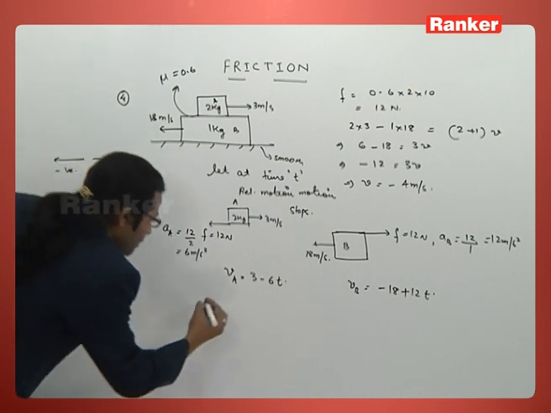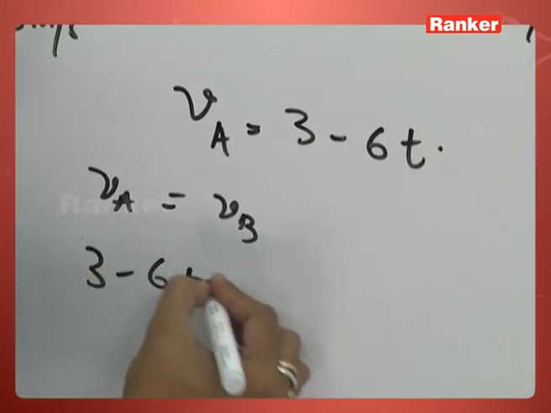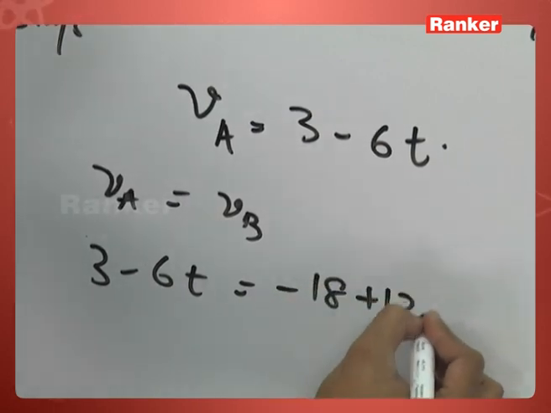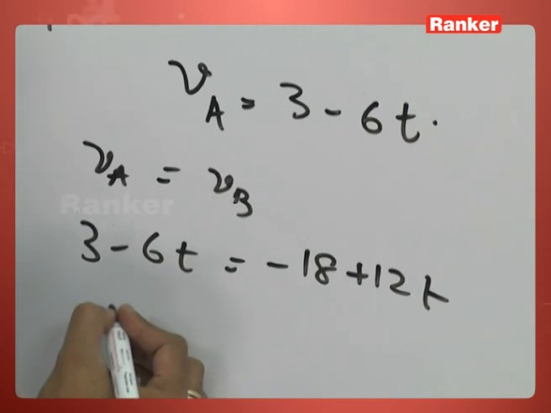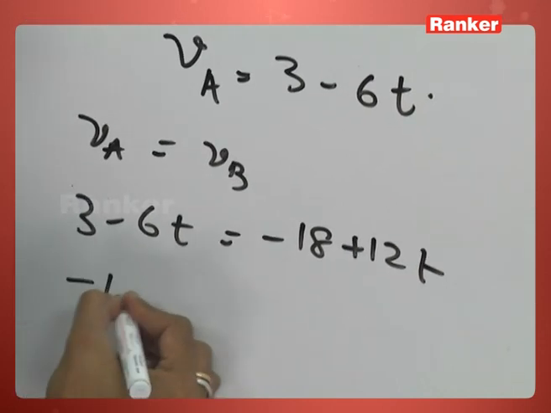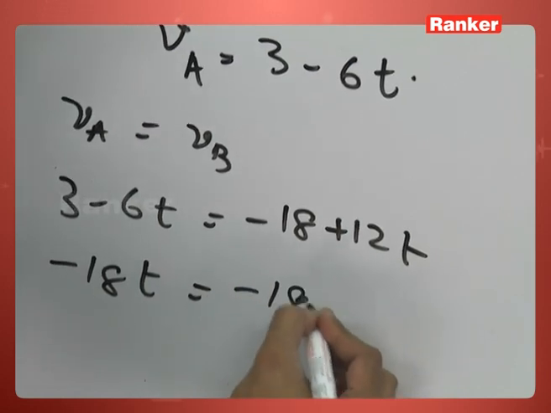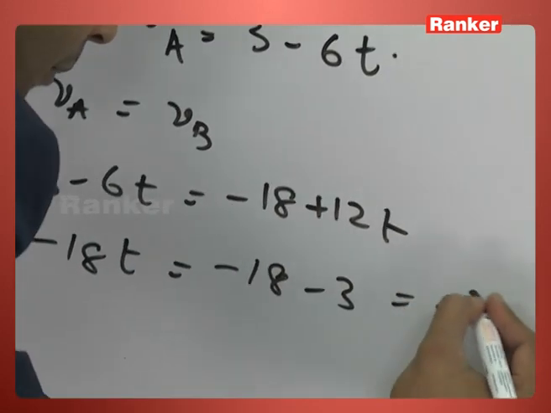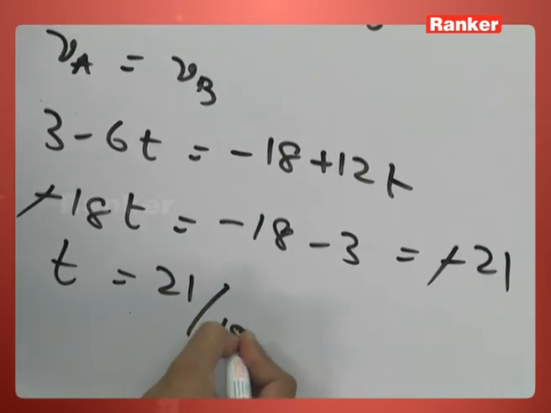These two velocities will be the same. 3 minus 6t is equal to minus 18 plus 12t. So this becomes minus 18t is equal to minus 18 minus 3, minus 21, the minus cancels out, t is equal to 21 by 18.